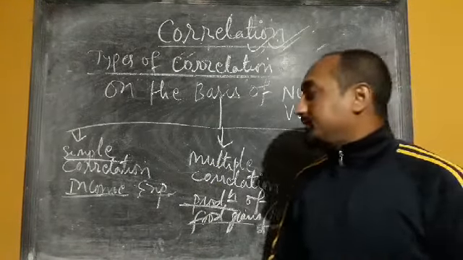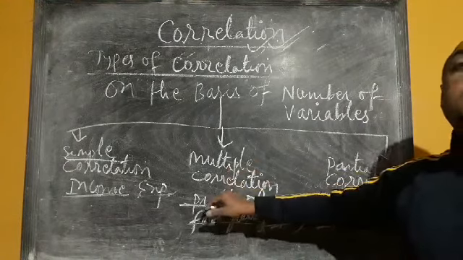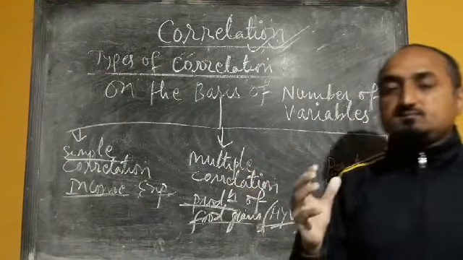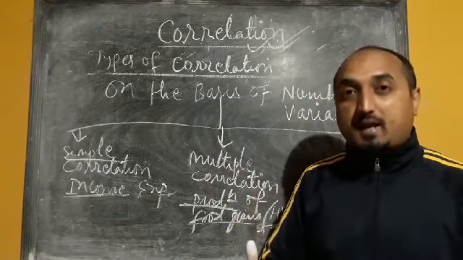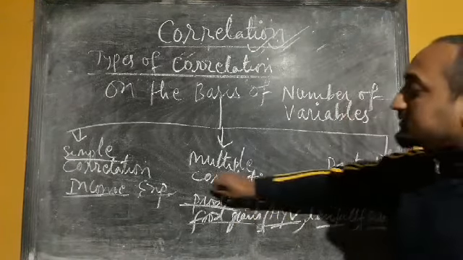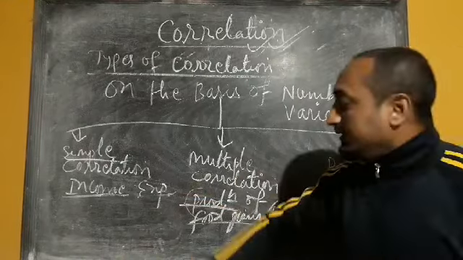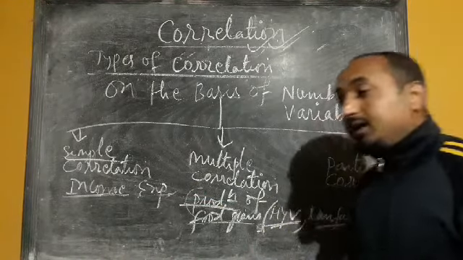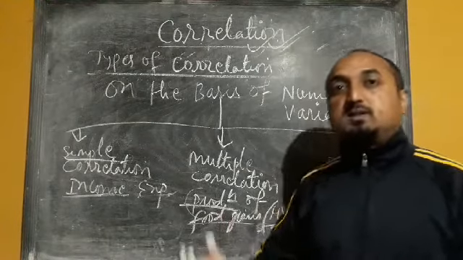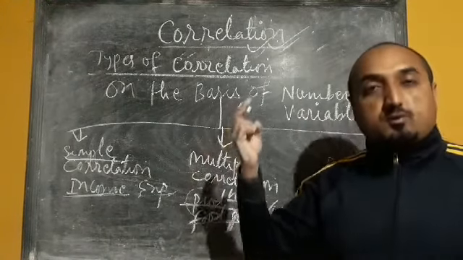So this type of relationship is called multiple correlation, where we can see that there is an involvement of more than 2 or 3 variables at the same time. So this production of food grains has been influenced by 3 variables: high yielding varieties of seeds, rainfall, use of fertilizers.